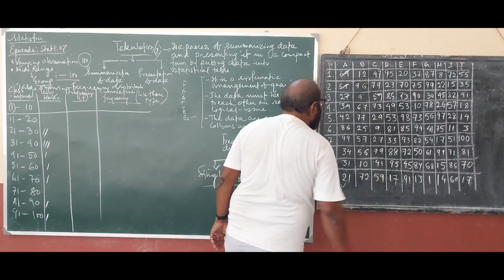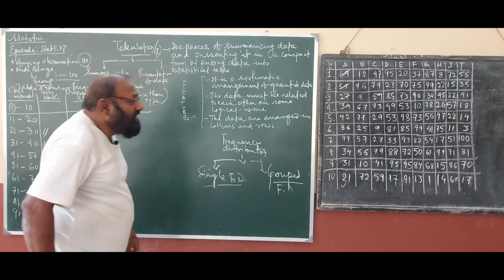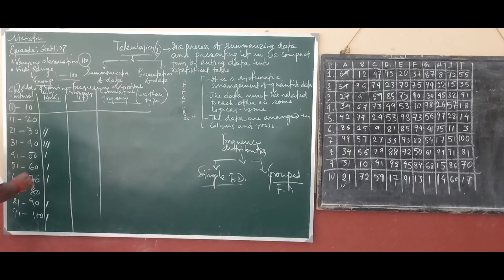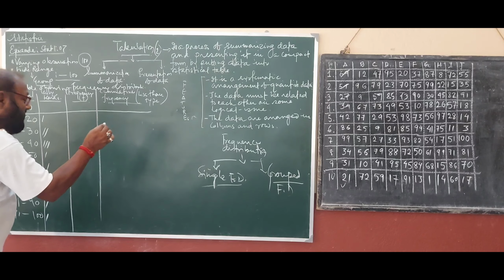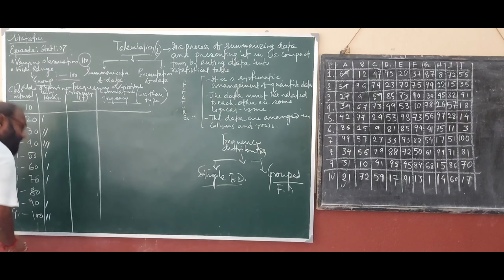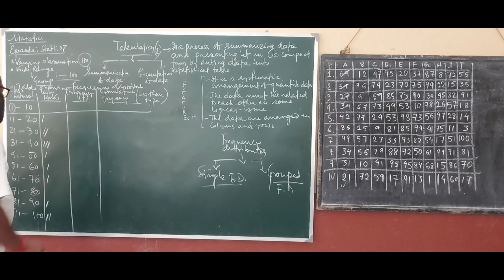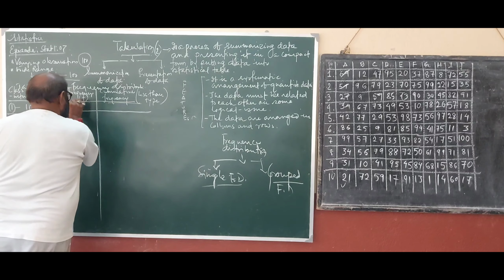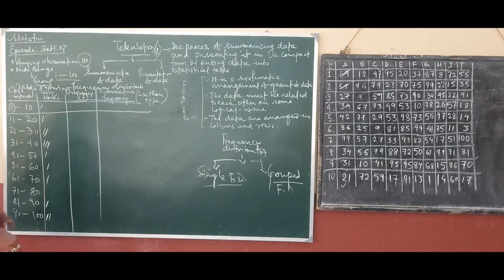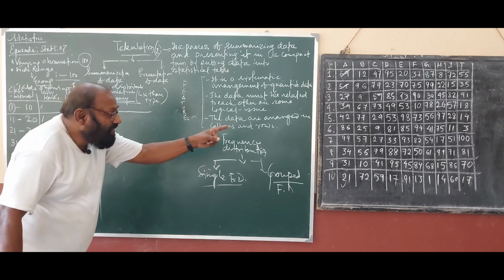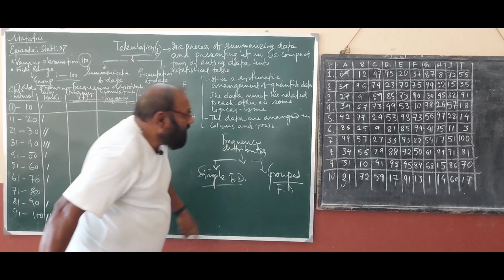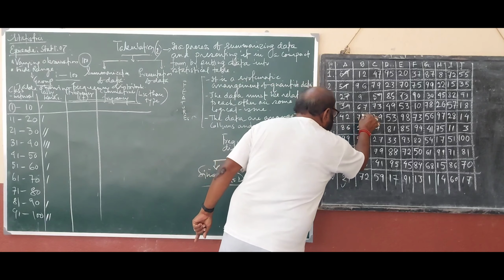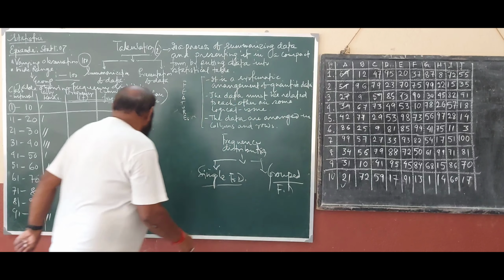Now consider this one. 12, 19, 9. Where will 12 go? 12, 19 over here, and 9 will fall over here. Clear? 67 and 77.